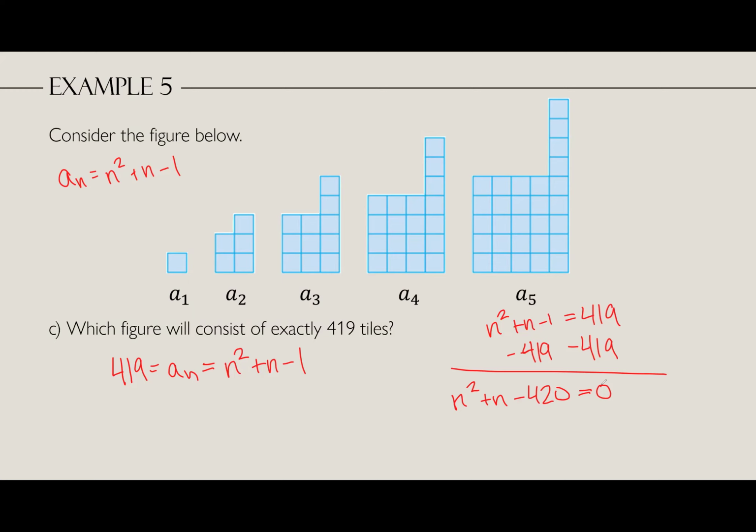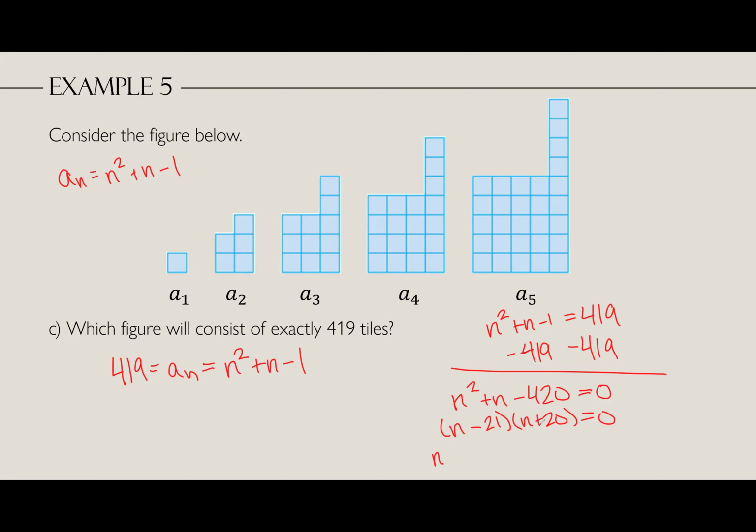Let's see, how do I make negative 420? So if we think about it, we can probably break this down into, I'm running out of space here.